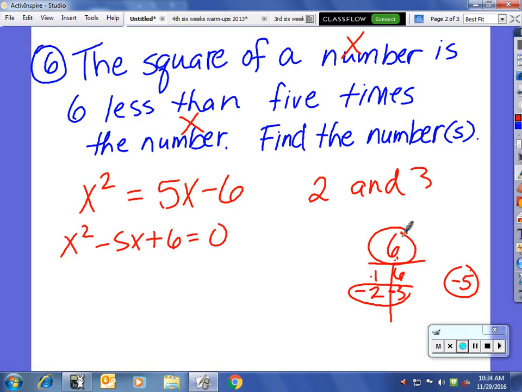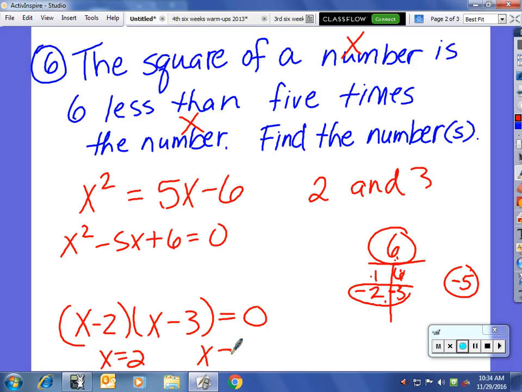It's got to be 2 and 3. If they're both negative, then that adds up to negative 5 and it multiplies to positive 6. So you got to make sure the signs work. Negative 2 and negative 3 were the winning pair. So this factored into x minus 2 times x minus 3 after you do all the GCF steps. So then the solutions are positive 2, positive 3.